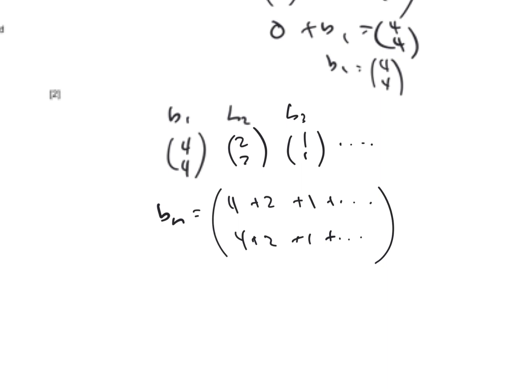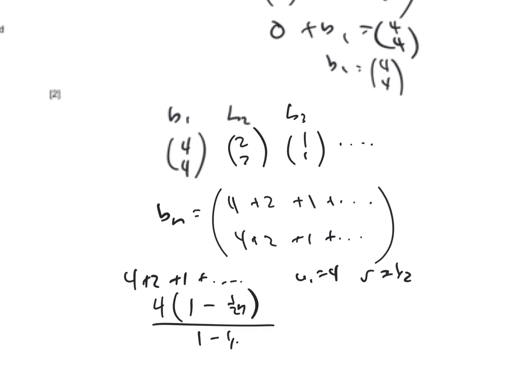Well, if I just think about the 4 plus 2 plus 1 plus, this is a geometric sequence. And so I take U1, my U1 is equal to 4, the ratio is 1 half. And so I can go 4, 1 minus 1 half to the power of n over 1 minus 1 half.